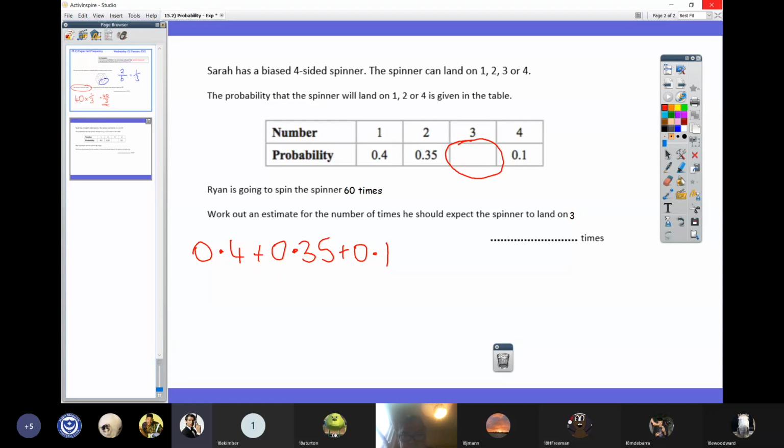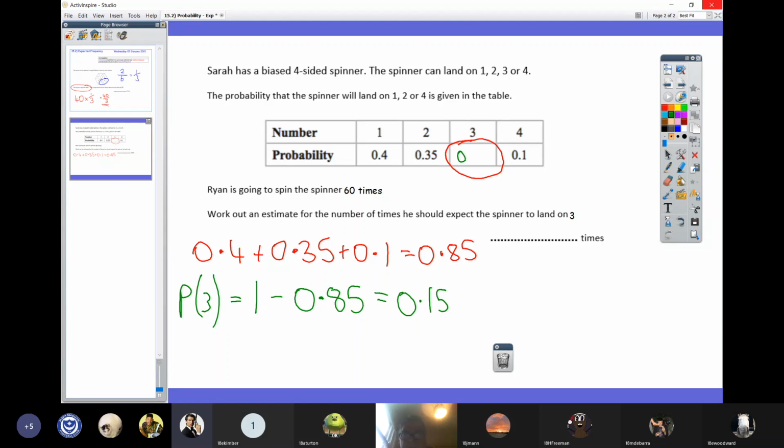So the probabilities of the numbers that are already there add to 0.85. Now the probabilities always have to add up to a whole. So the probability of getting a 3, which I can write as P of 3, is a whole take away those other 3 numbers, 0.85, and that gives me 0.15.